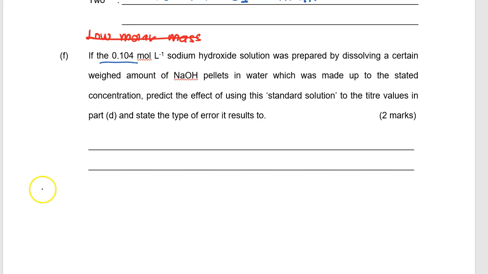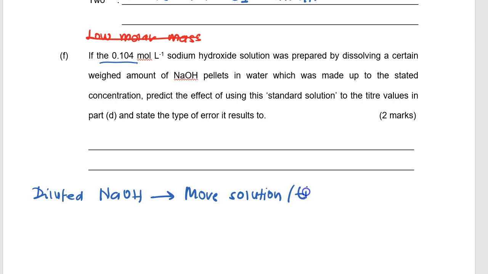So what's going to happen? You're going to end up with a diluted sodium hydroxide. Now, if you have a diluted sodium hydroxide, what's going to happen? You're going to end up using more solution or more titer to neutralize the lactic acid.